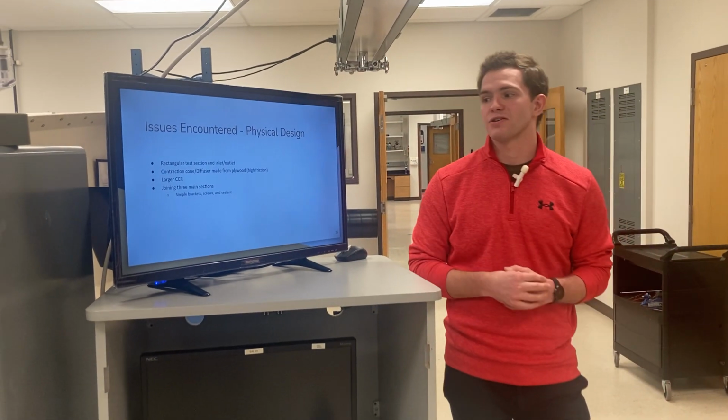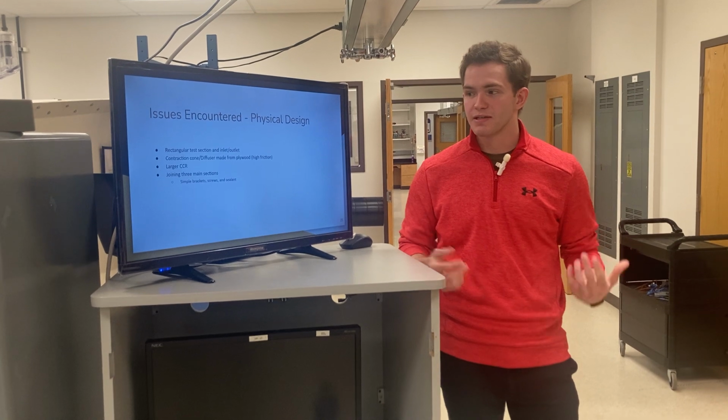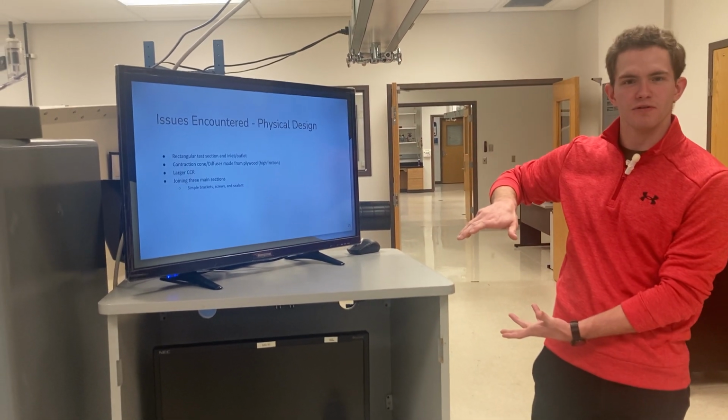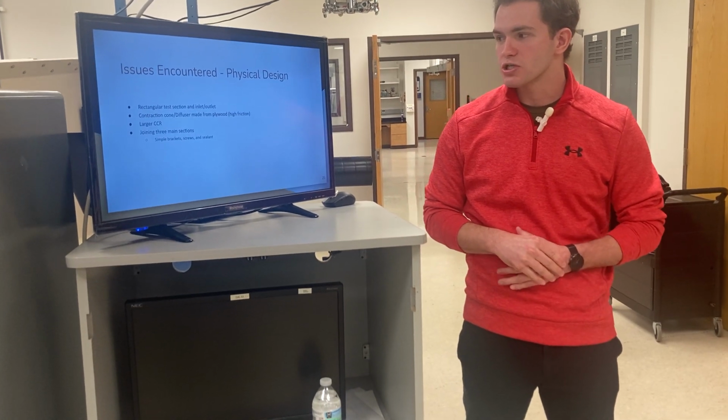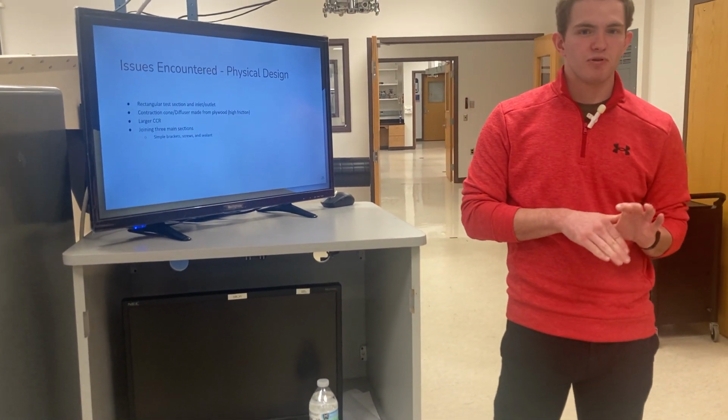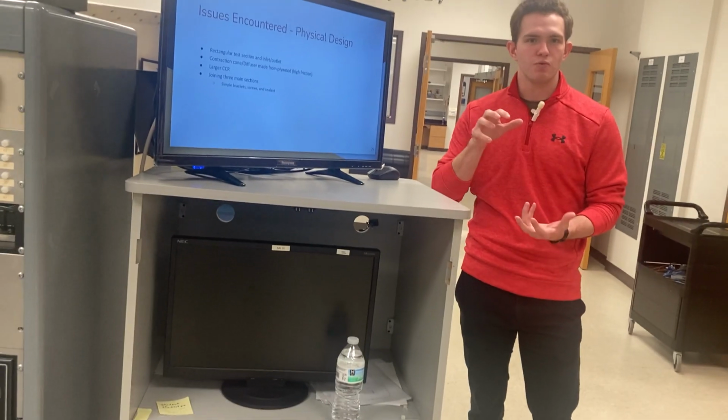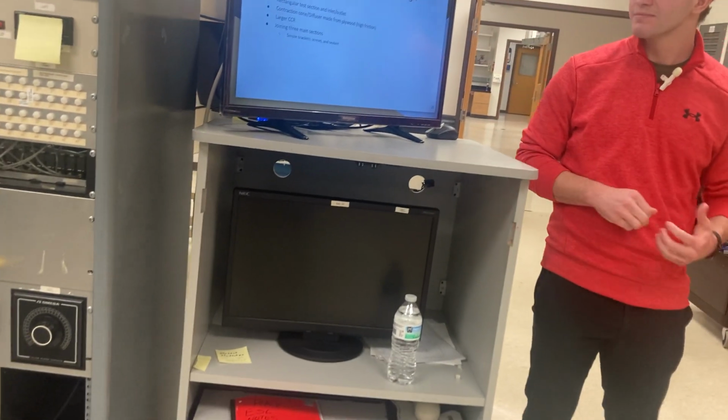And I should have had a larger contraction cone ratio, which would have helped get more volume of air coming into the tunnel, because I only had a ratio of 6.25 to 1, which is on the lower side of what's acceptable. You want something higher, 8, 10, 12, for that very large area.